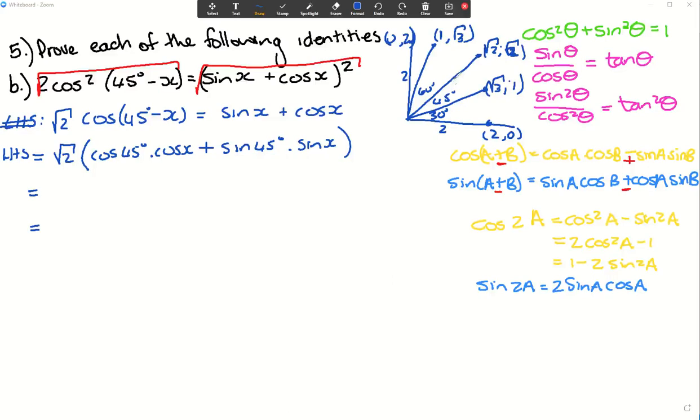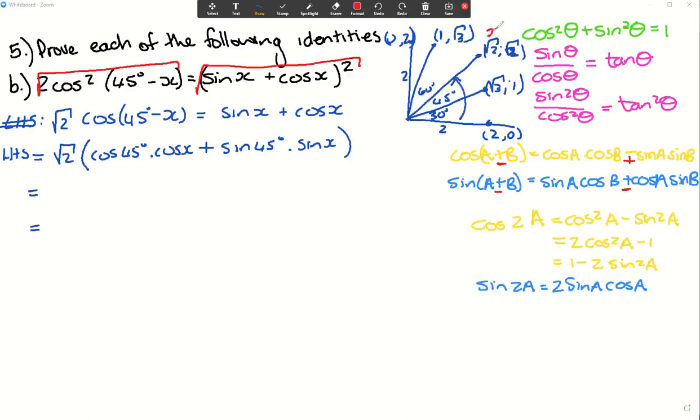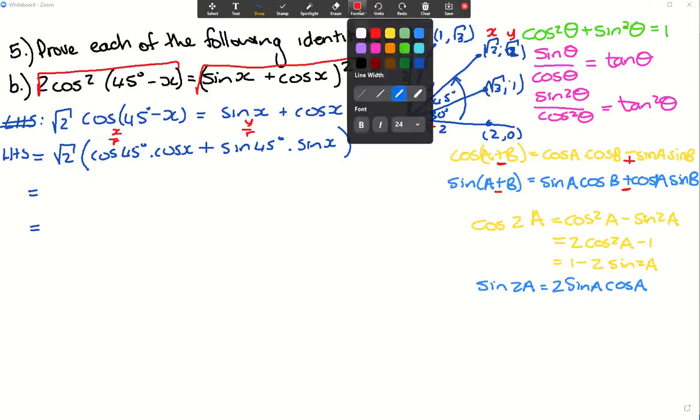So we're looking at 45 degrees, which is this whole angle over here, and this is my x value and my y value, and this 2 units is my r value. So cos 45, we know cos is x over r, and we know sine is y over r. We'll know that forever, because you all learned it in grade 8.